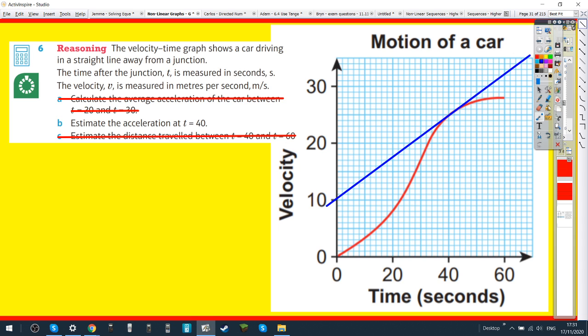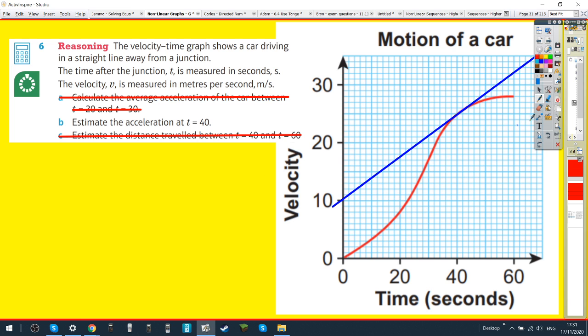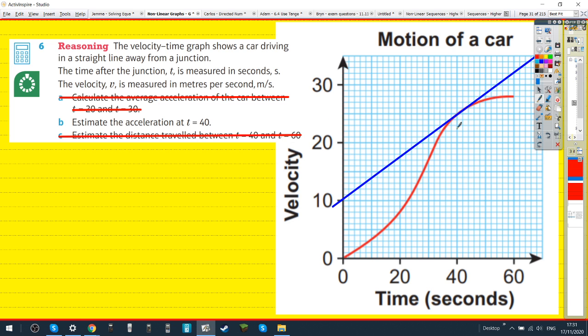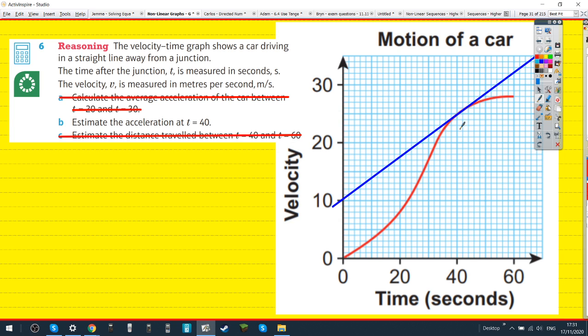So it would be 25, 40. Yeah, 40, 25, and then 0, 10. So the run would be 40.